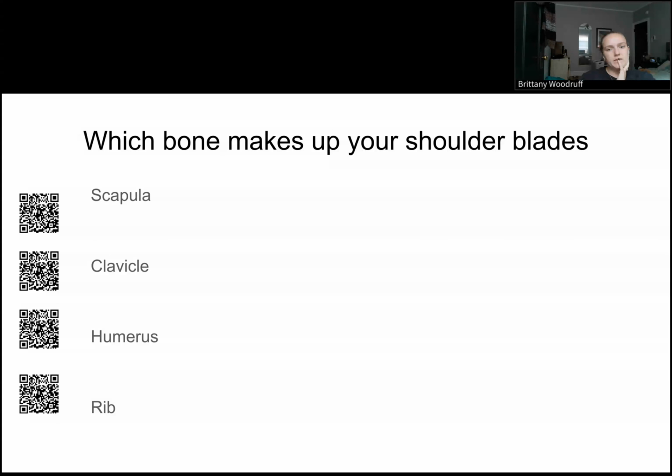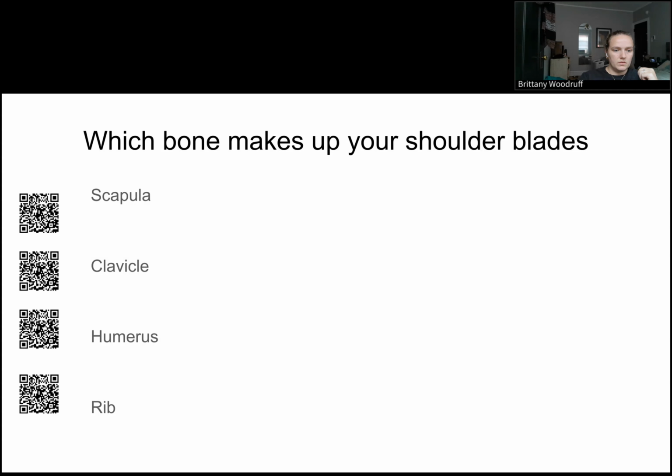Okay, like 10 more seconds. Yeah, so scapula is going to make up your shoulder blades.